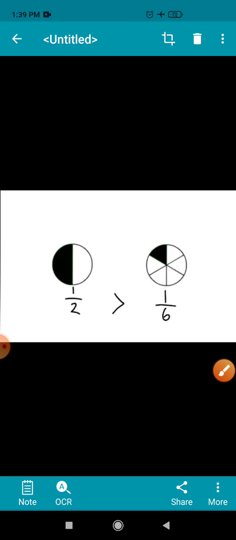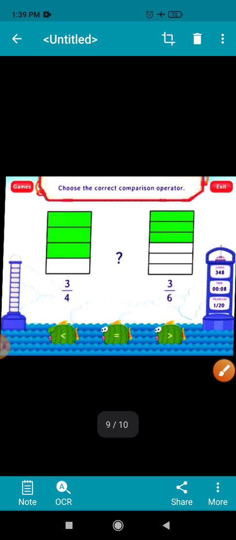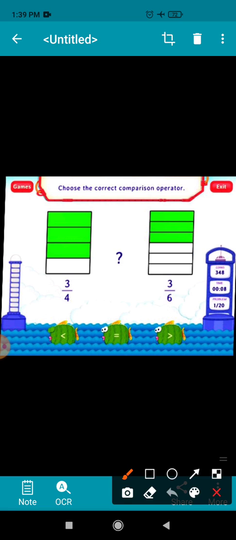Here you can see in this example also. The same picture, the first picture is divided into 4 equal parts, and out of 4, 3 parts are colored, and in the second picture it is divided into 6 parts, and out of 6, 3 parts are colored. Obviously, by seeing the picture you can tell me that this part is the greater part.